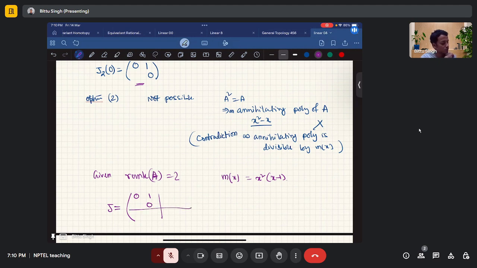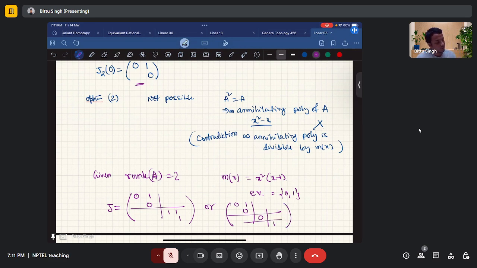Now what are the possibilities for other blocks? There are only two eigenvalues, 0 and 1. For 0, there are two possibilities: one block may appear twice, or another possibility is 0 will again appear and 1 will again appear.